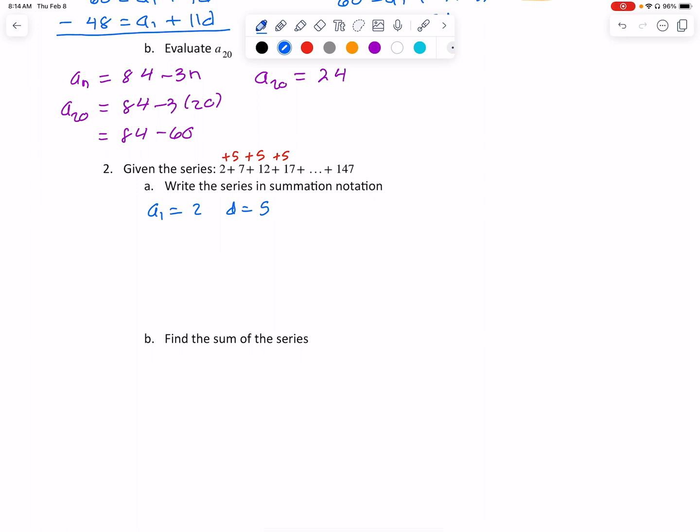So using our formula, a sub n equals the first term plus n minus 1 times d, I'm going to replace the first term and d with 2 and 5. So I get a sub n equals 2 plus n minus 1 times 5. From there, I can just clean it up.